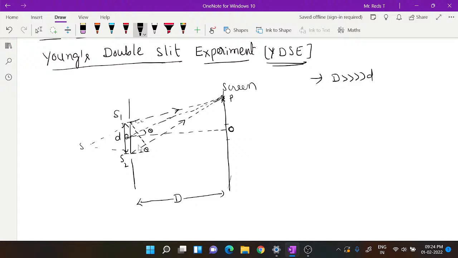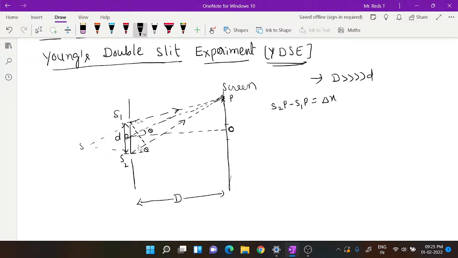That extra path can be obtained by measuring S1P and S2P. We will do the derivation separately, but from it, S2P minus S1P gives that extra distance. We express it as delta x, and call it the path difference.